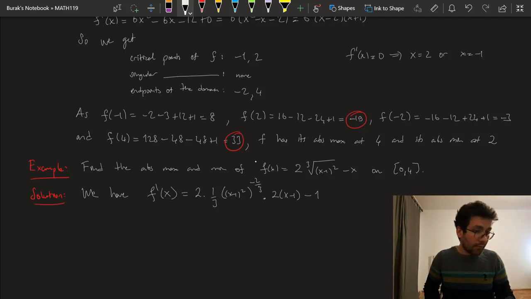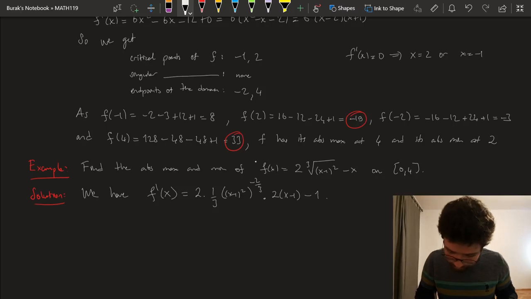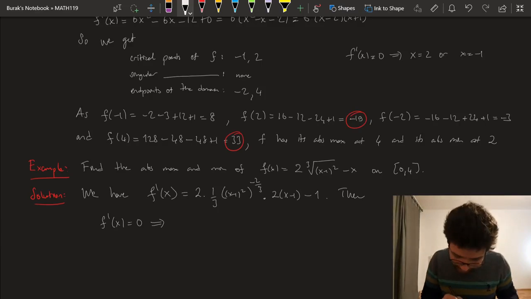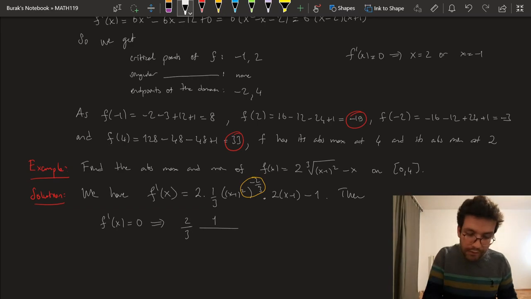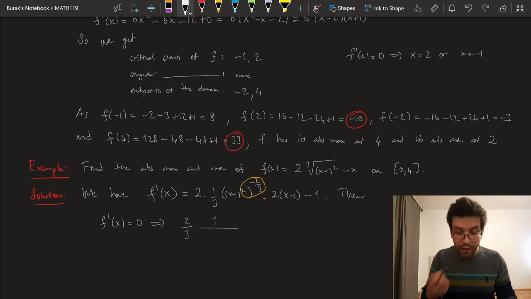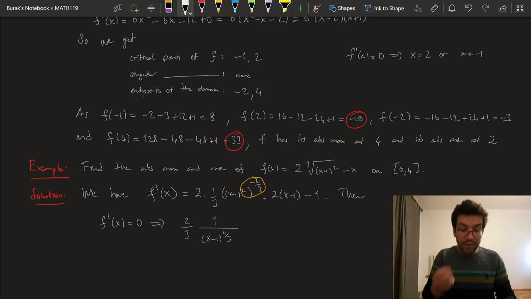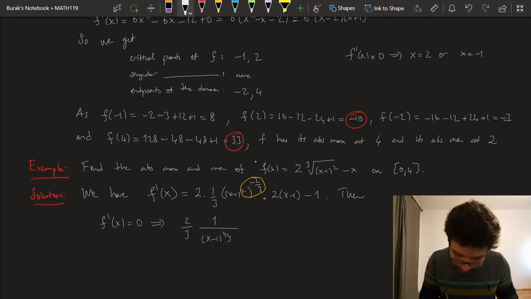Okay. So I am going to set this to 0. And if you set this to 0, that will simply give you the following. What's going to happen here is you're going to get x minus 1 raised to the power minus 4/3, and then you can write it as 1 over x minus 1 to the power 4/3, times 2x minus 1.